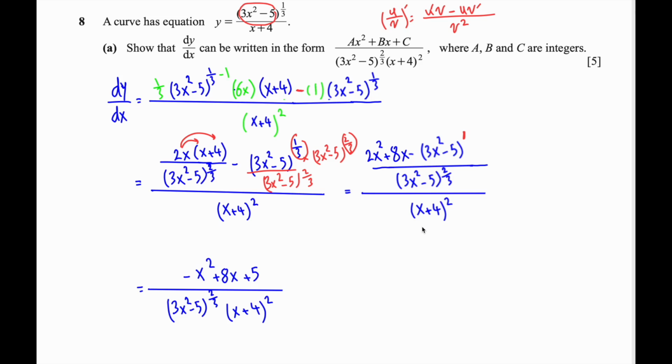And the last thing you have to do, you can just lend a tiny 1 to this guy. So this times this over this times this, which gets me to the final answer of (-x squared plus 8x plus 5) over the expression that they already indicated in the question itself. Therefore, a is -1, b is 8, and c is 5.